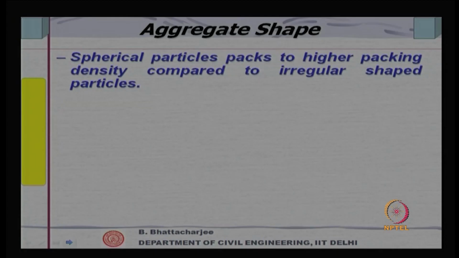Spherical particles lead to higher packing density compared to irregular shapes.